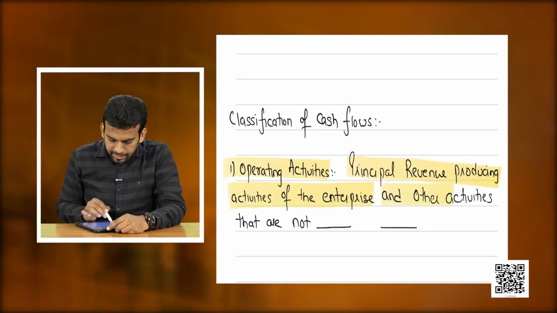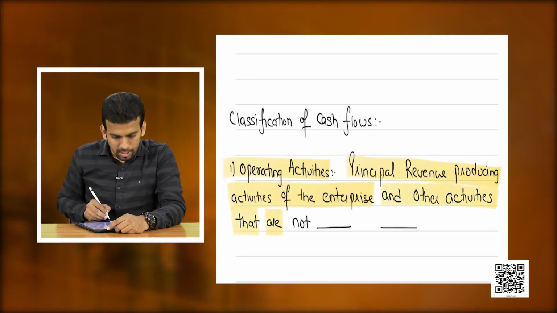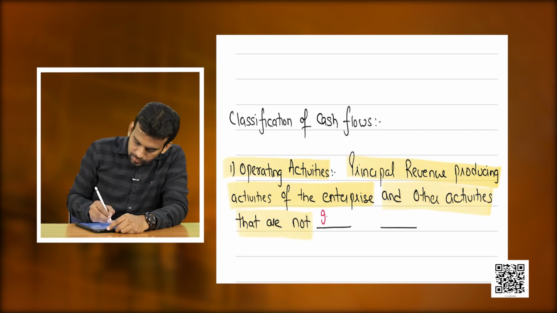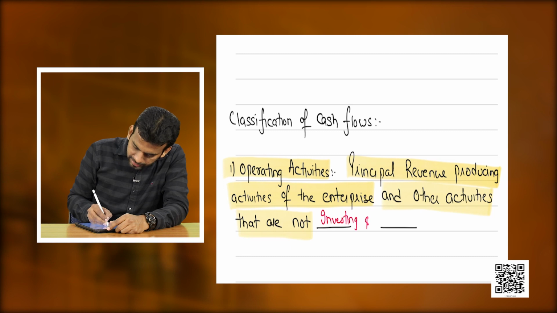And other activities that are not, students focus on this line, that are not investing and financing. Investing and financing are the other two components of cash flow statement.